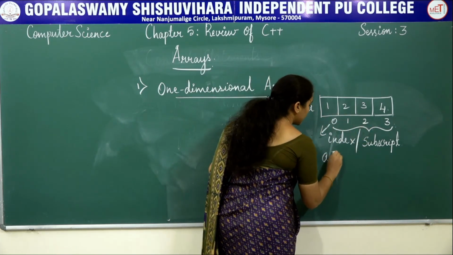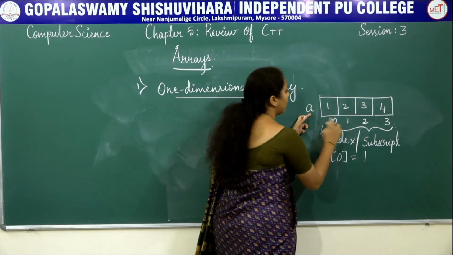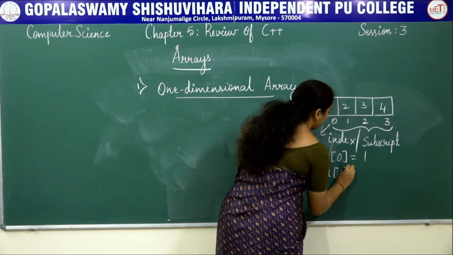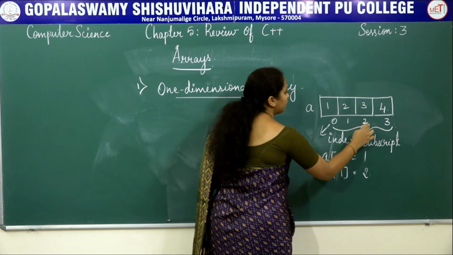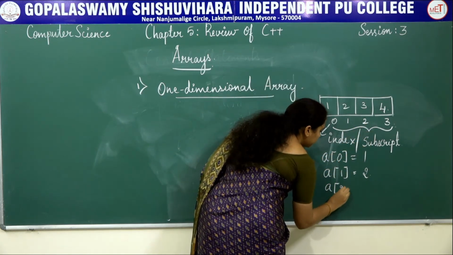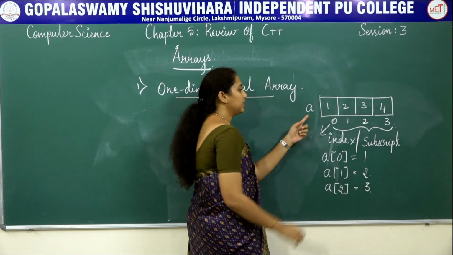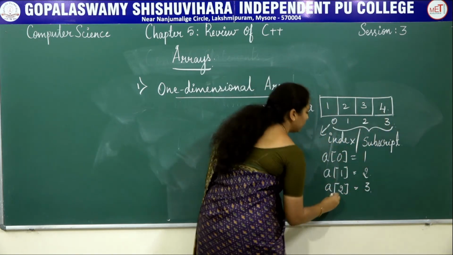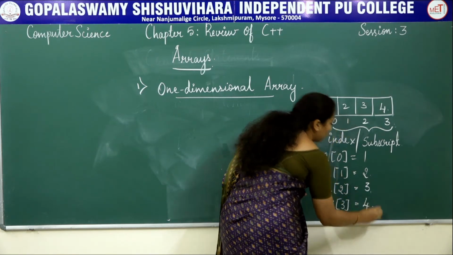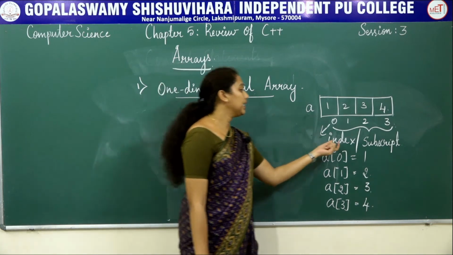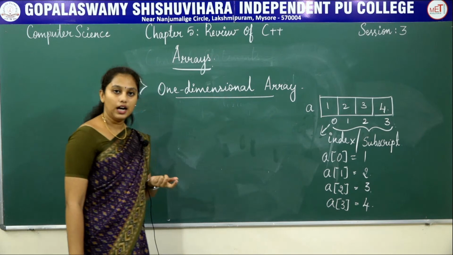In A of 0, the value 1 is stored, in A of 1 the value 2 is stored, in A of 2 the value 3 is stored, and in A of 3 the value 4 is stored. So with the help of these indexes or subscripts, I can access the elements of an array.